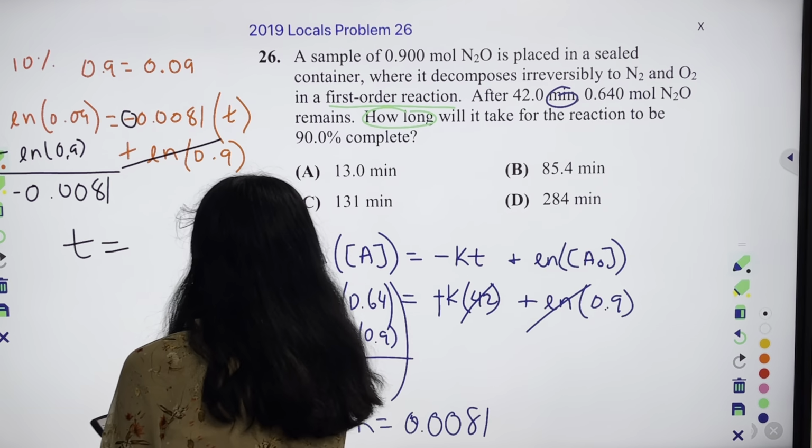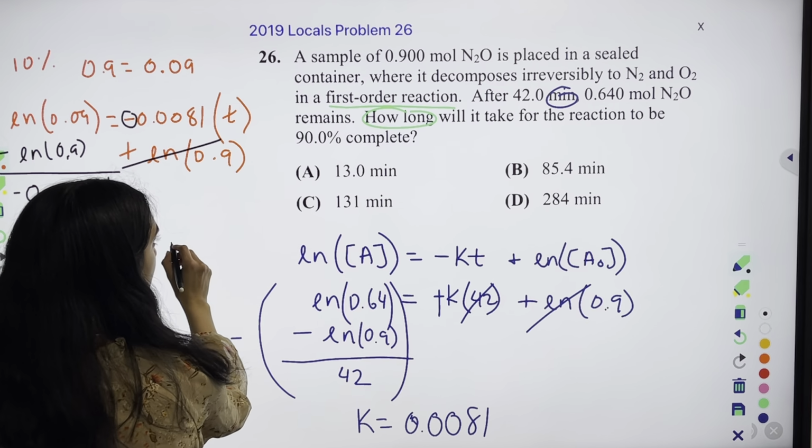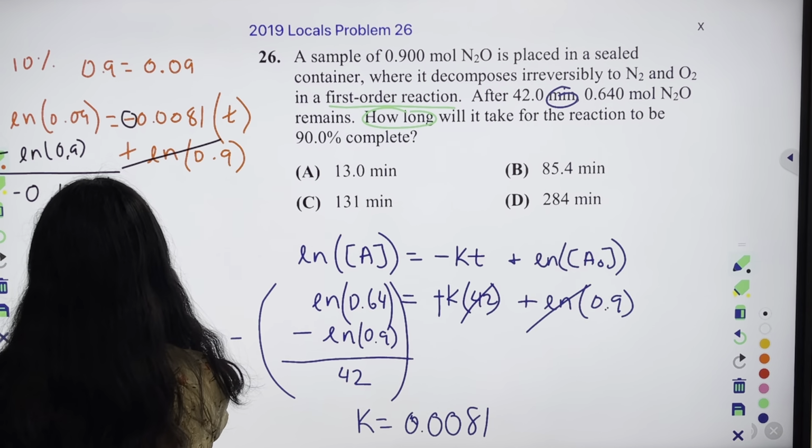Okay, so we get negative 10.5. Oh no, we get positive 10.5 actually.